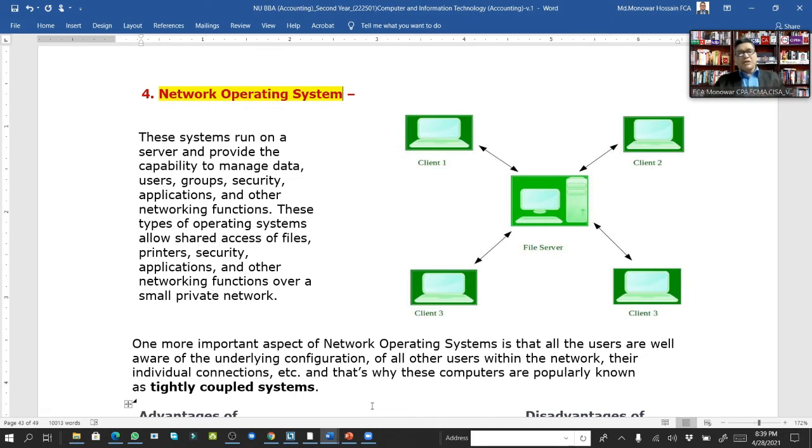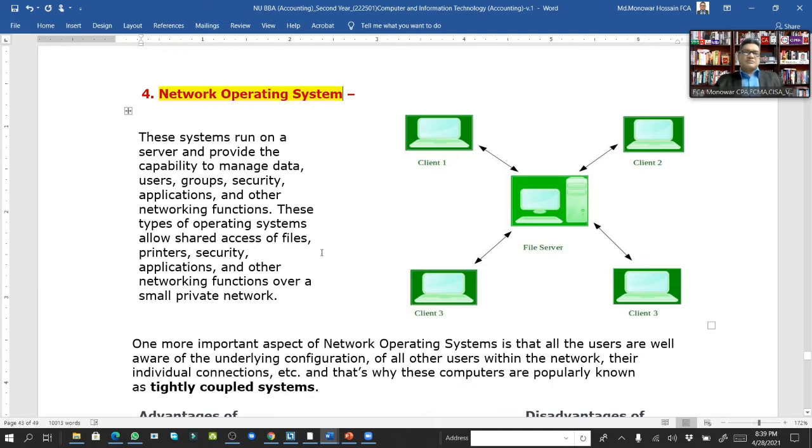One more important aspect of a network operating system is that all the users are well aware of the underlying configuration, of all the other users within the network, their individual connections, etc. That's why these computers are popularly known as tightly coupled systems. So look, here is the network operating system.